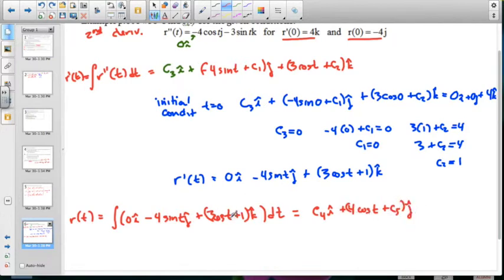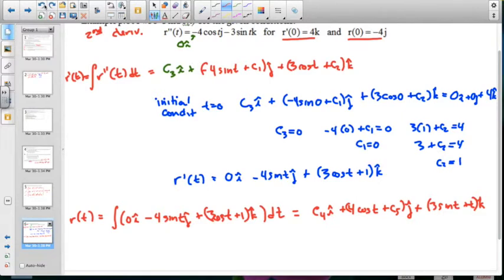And then integrating this, if we integrate cosine, we get sine. And so integrating this is going to get us 3 sine t plus t. Integrating 1 is t.